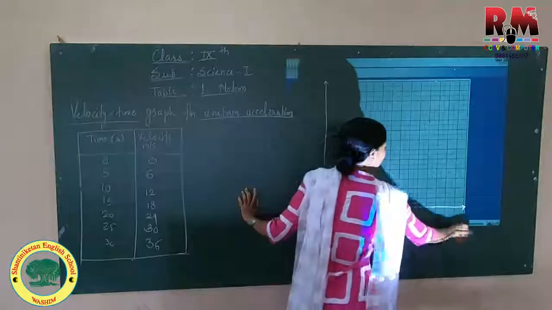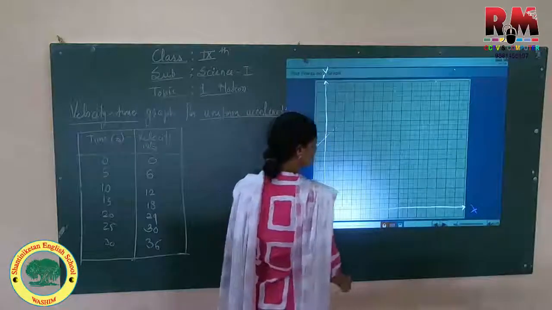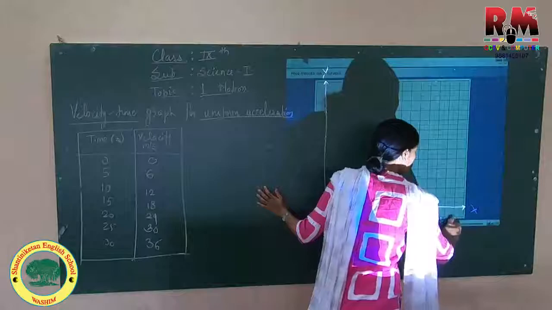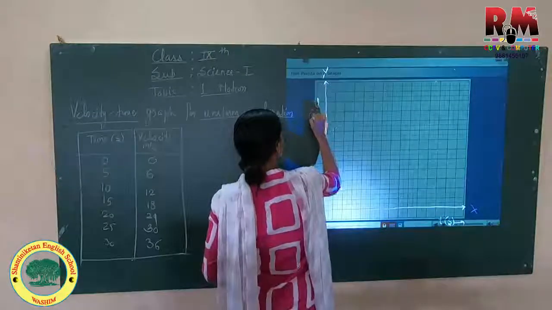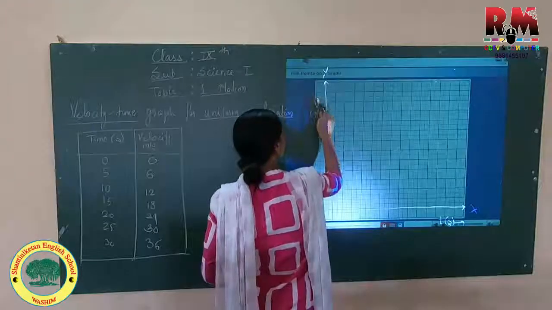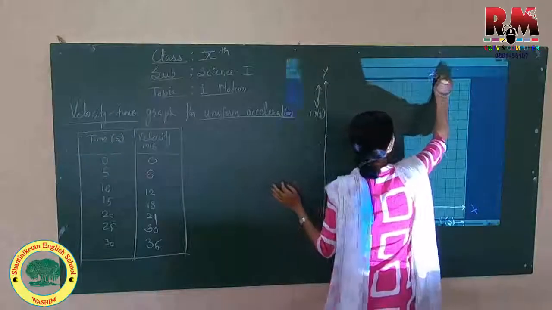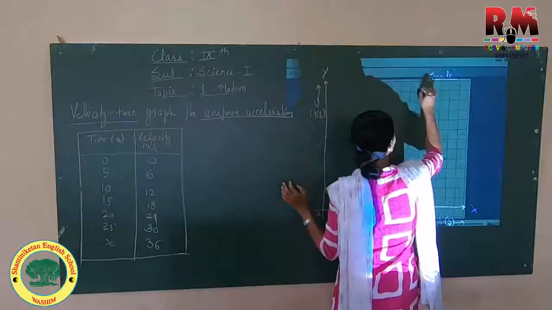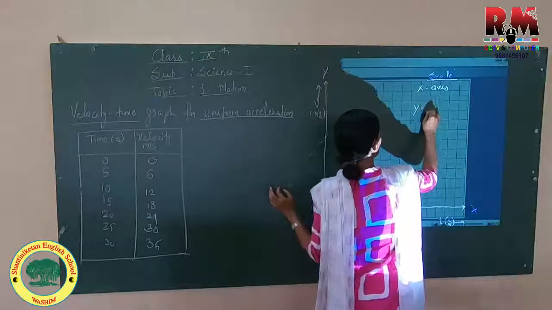Origin, x-axis, y-axis. Okay. Here we are going to take time in second, and here we are going to take velocity in meter per second. Okay. Scale, x-axis and y-axis.